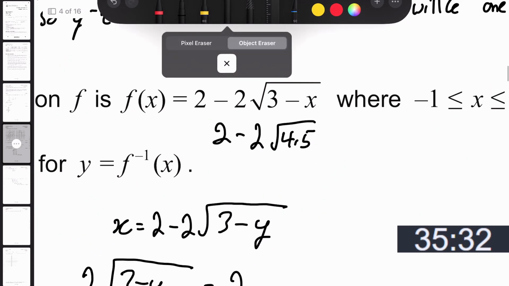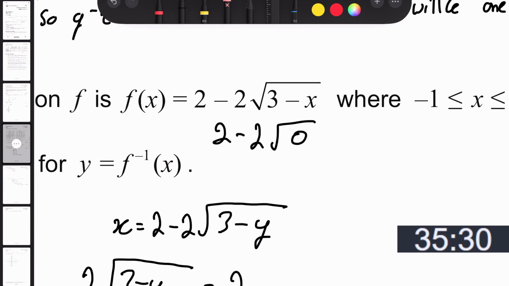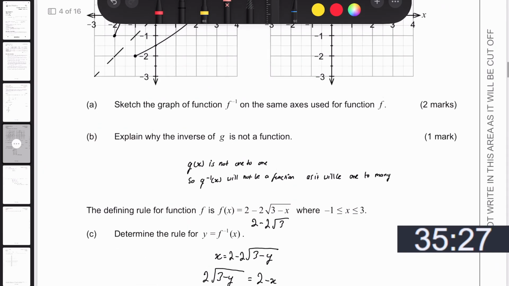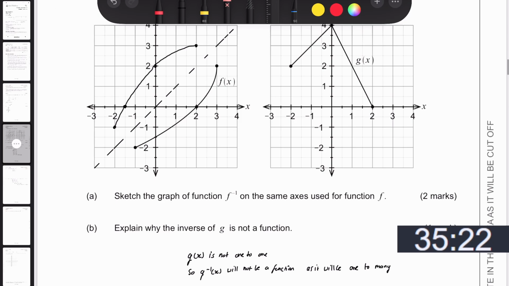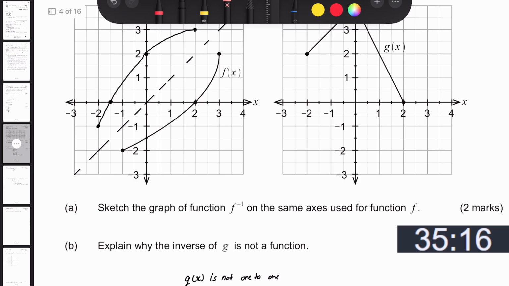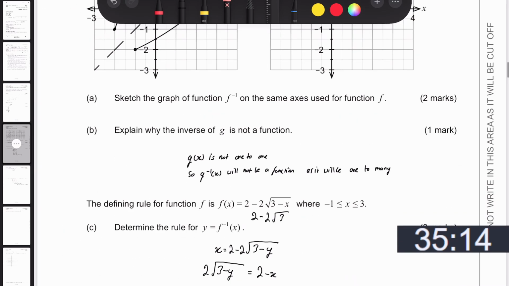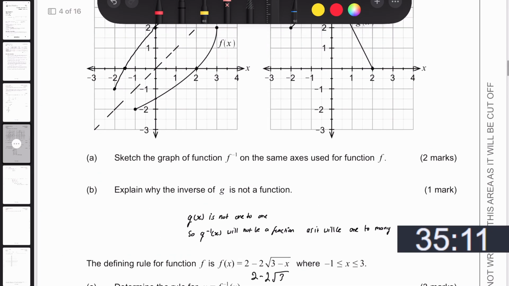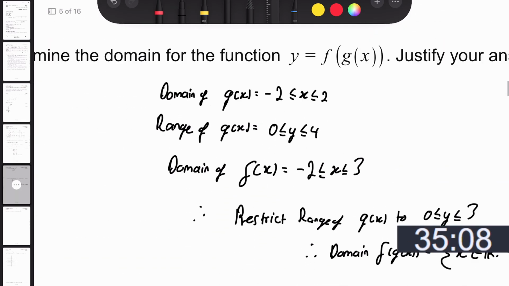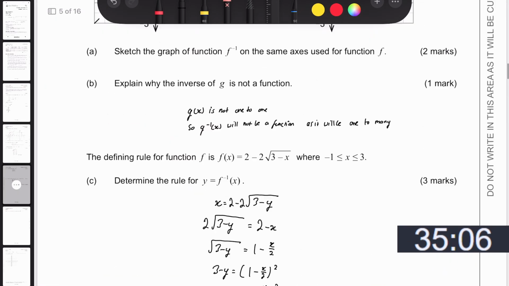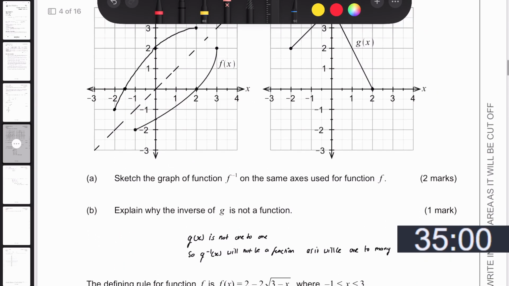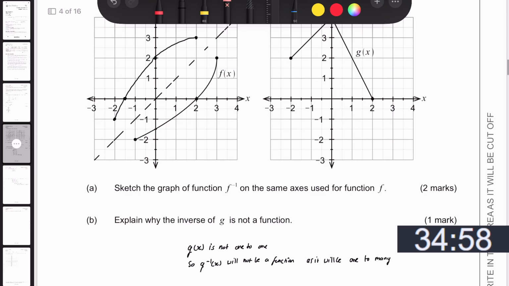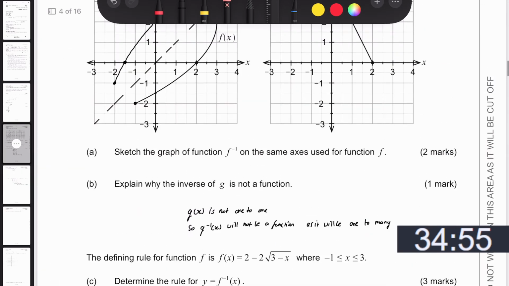Oh wait, no, minus 0. It's 2 squared 3. 0. That is so weird. Oh, because it's from negative 1 to 3. Wait, no, that's fine. So this should be negative 1. Okay, whatever. So the domain of that is -1 to 3.